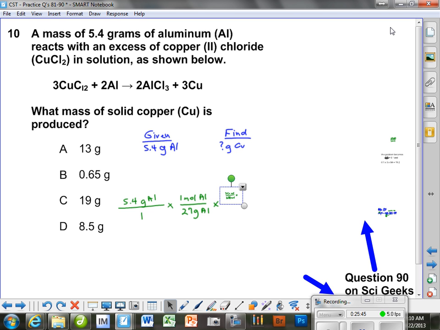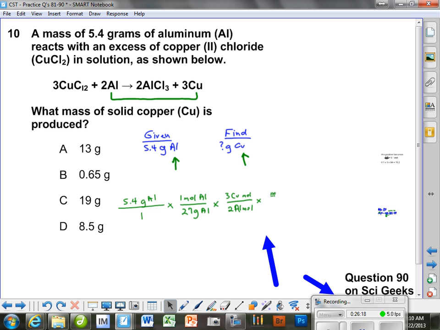And since we're going from grams of aluminum to grams of copper, we've got the aluminum to copper ratio that we're going to be using for the mole ratio. So that's why we get that 3 to 2. 3 coppers on the top because aluminum has to be on the bottom to cancel the moles of aluminum up here. So here's our mole ratio from the balanced equation, which is what causes this to be a stoichiometry problem.